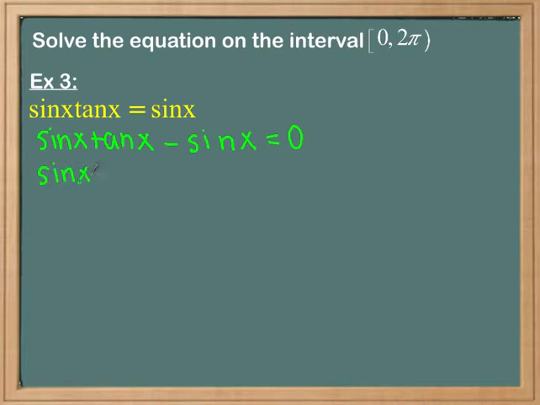Now if we had decided to divide it out instead of factor it out like we did here, we would have taken away essentially 2 solutions to this problem because you still would have had your tangent of x minus 1 equal to 0, which we'll go ahead and solve here. But what you would have missed out on is that we need to set sine of x equal to 0 as well.